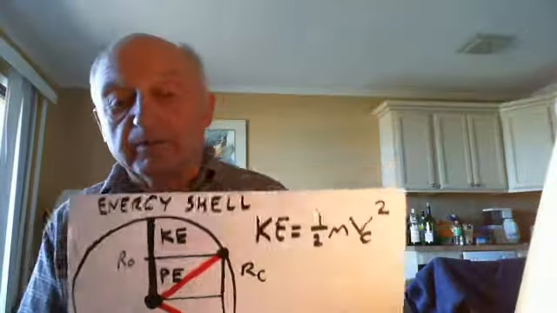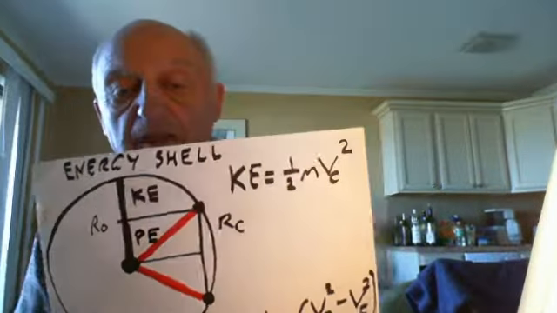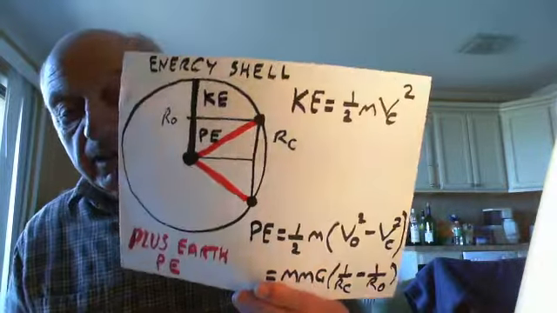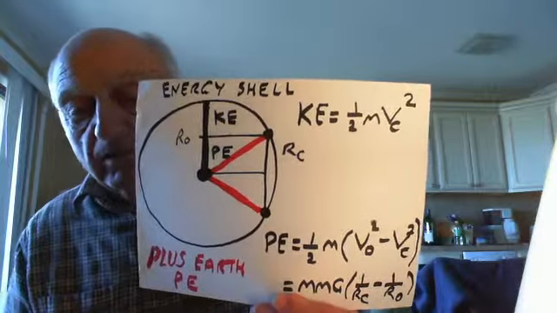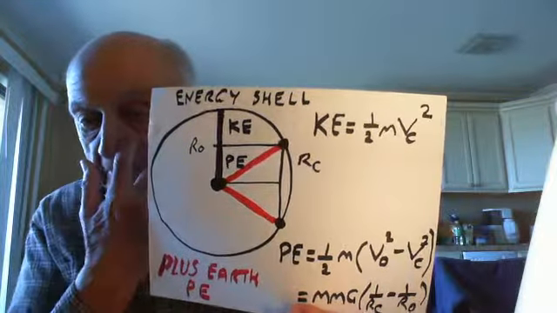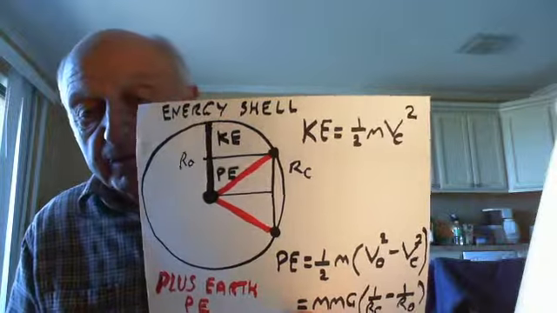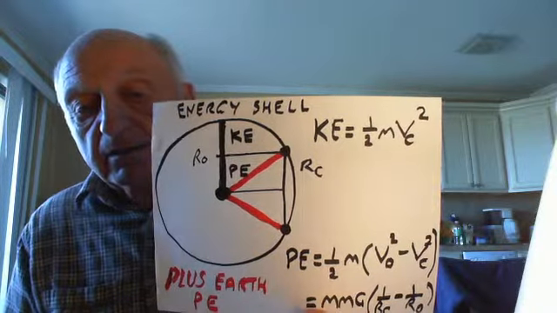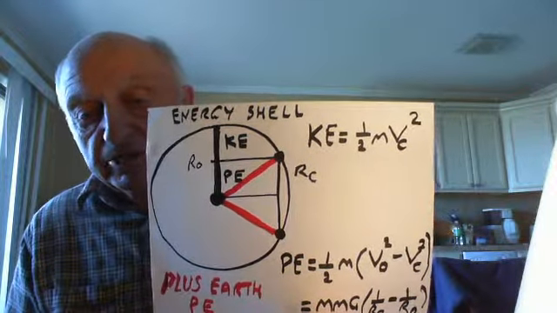Now I'm going to just go over this and give you a little more detail about it. Here I have drawn a diagram of that shell, showing you how the energy is divided between being potential energy and kinetic energy.